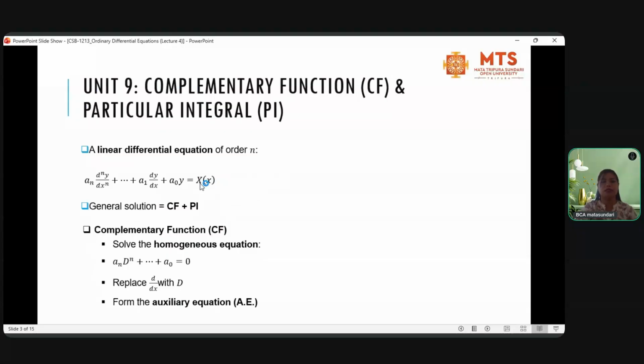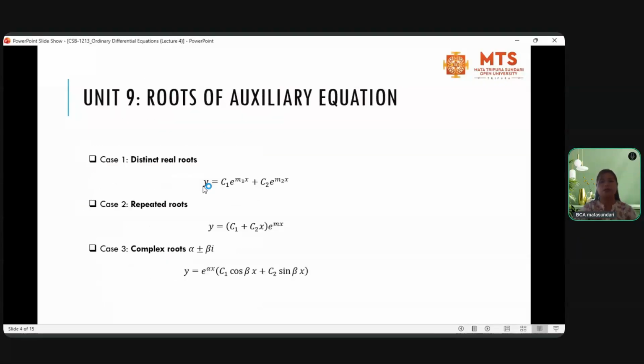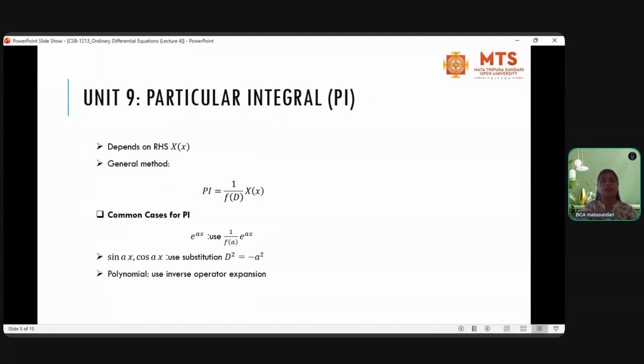The general method: PI equals 1 by f(D) times X(x). A common case for PI is e^(ax): use 1 by f(a) times e^(ax). For sin ax and cos ax, use the substitution D squared equals minus a squared. For polynomials, use the inverse operator expansion.